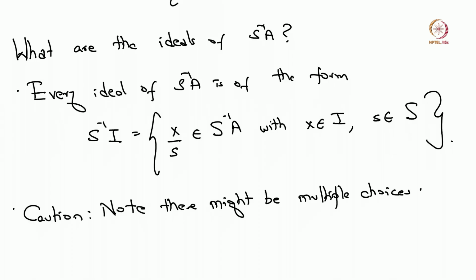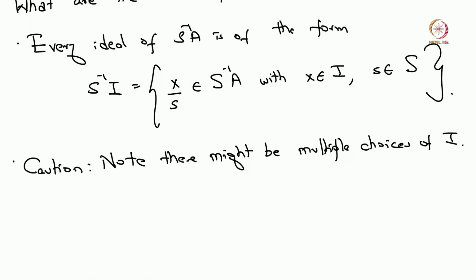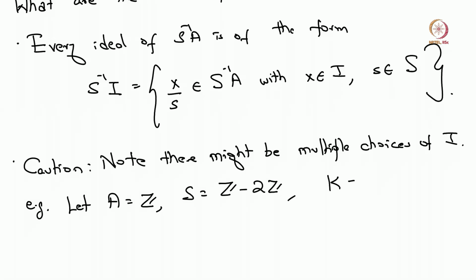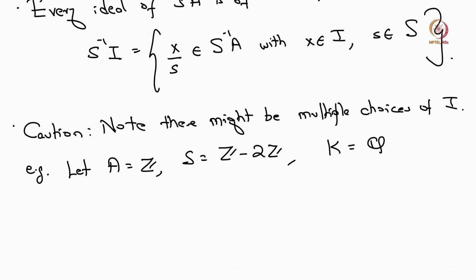choices of I, and an example of this sort is, you just take the integers, the usual integers, and you take the multiplicatively closed set given by the prime ideal 2, so Z minus 2Z. The fraction field of A, the integers, is just the rational numbers.